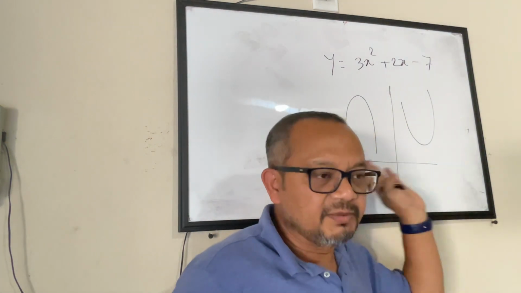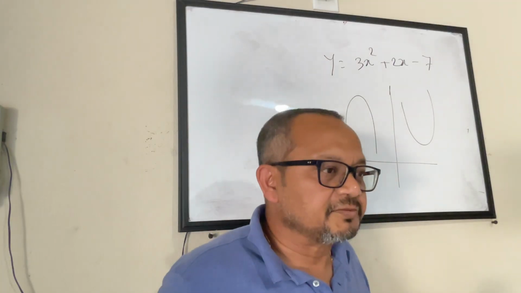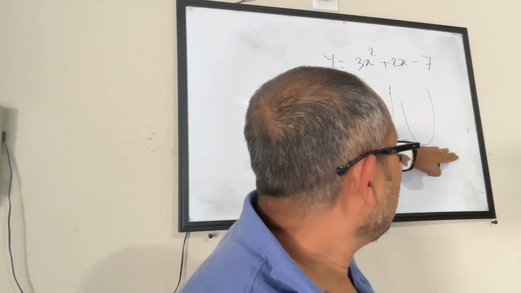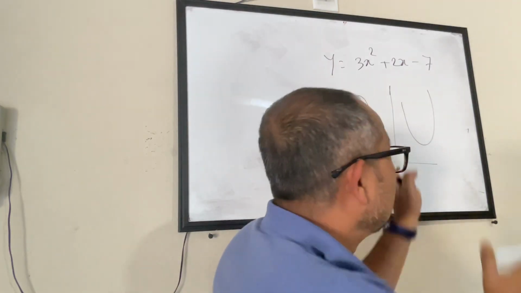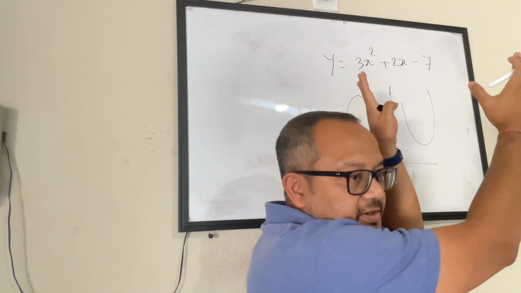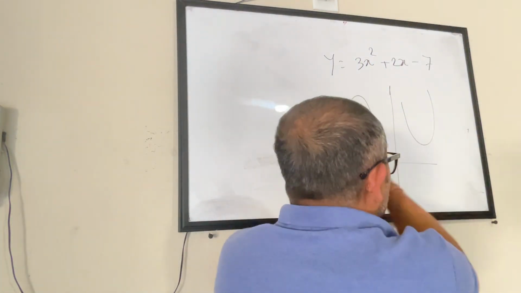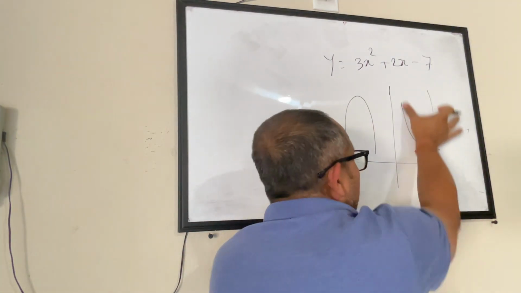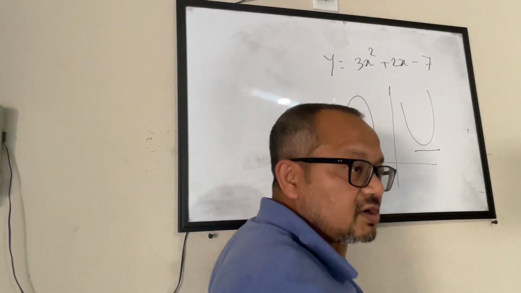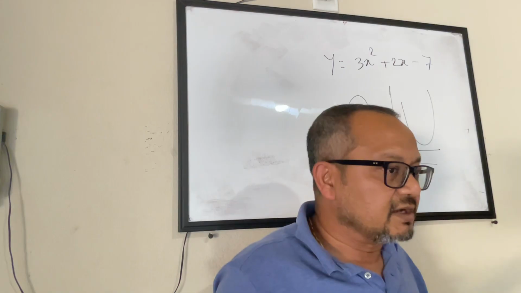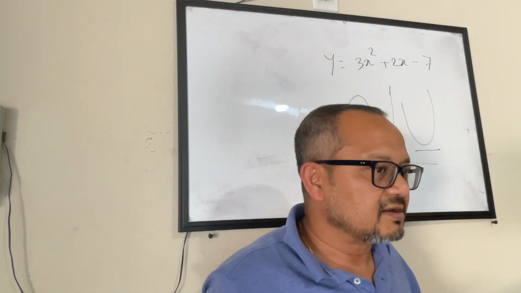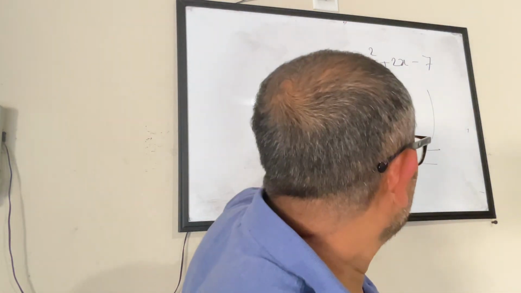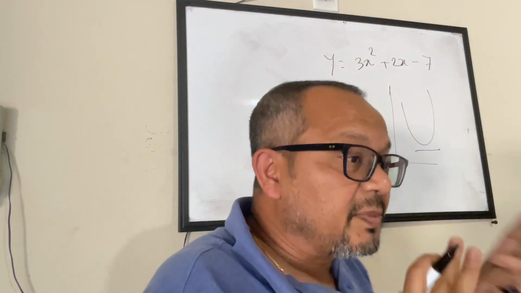We have not drawn it, so we are making guesses right now. The difference between these two parabolas is, this is facing upward and this is facing downward. Is that making sense? Yes, sir.